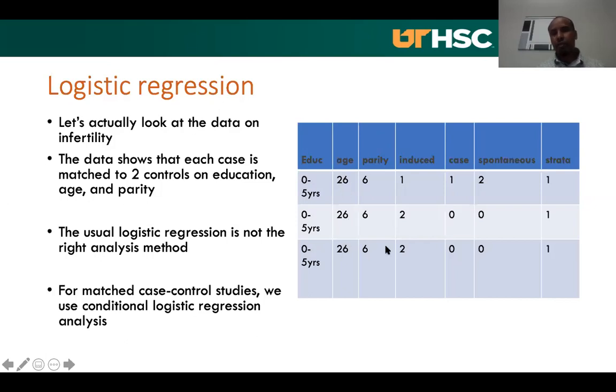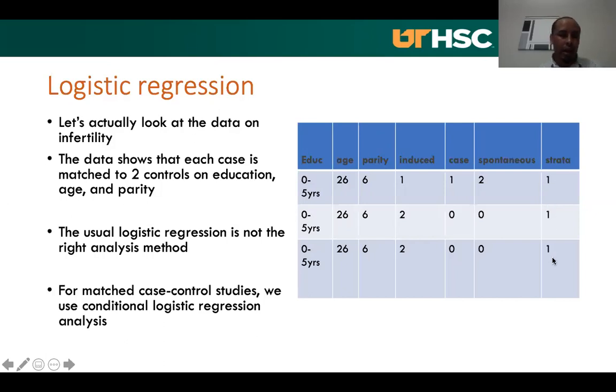And for the number of previous pregnancies or parity, all have 6 previous pregnancies. So they matched the cases and controls on education, age, and parity. And then they have the same ID or strata, 1, 1, 1.